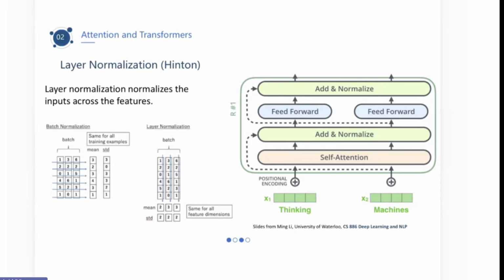Suppose you are having three images in a batch, and you are providing them to your deep learning network. This is the first image, second image, and third image. You have to convert your input into a vector for the fully connected layer. So this is the vector for the first sample, this is the vector for the second sample, this is the vector for the third sample.